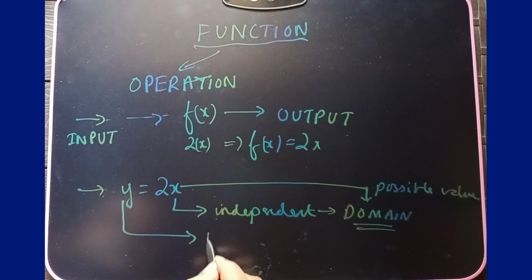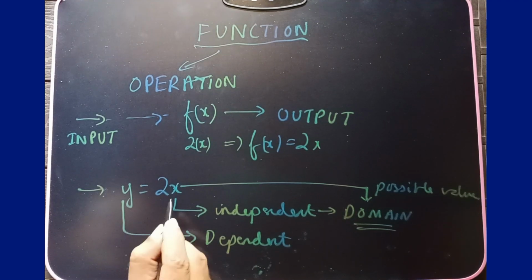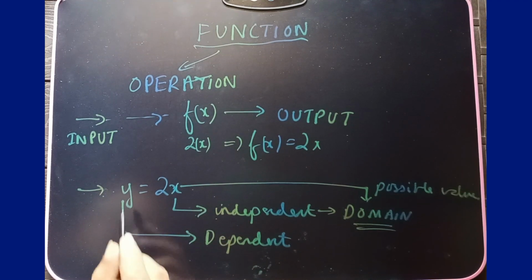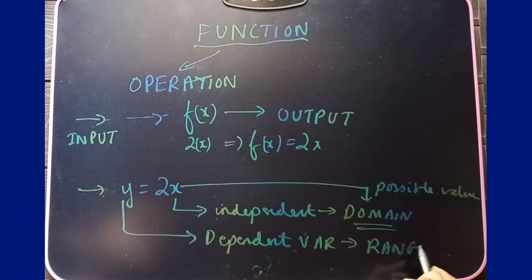And y is the dependent variable, dependent on x. x is independent, x can take anything, but y is dependent on x. That is why it's called the dependent variable. These values will give you the range of the function.